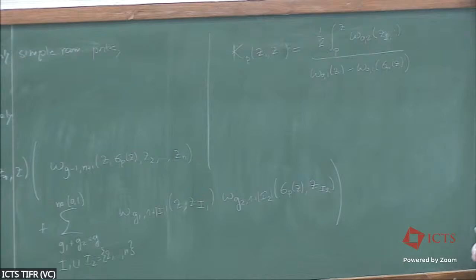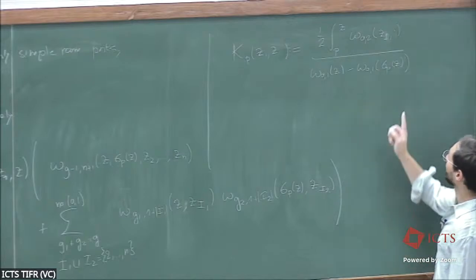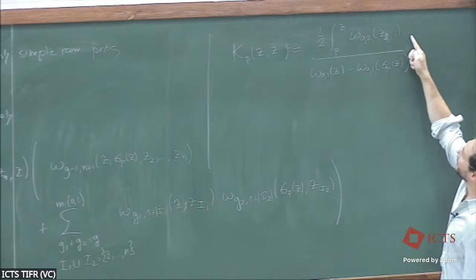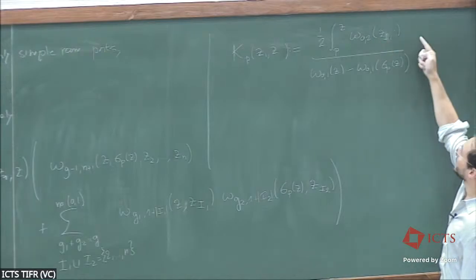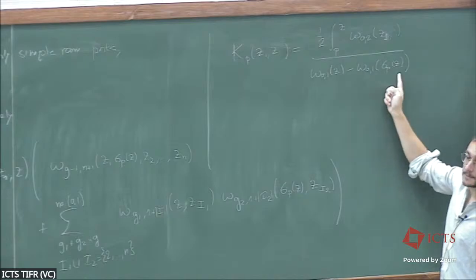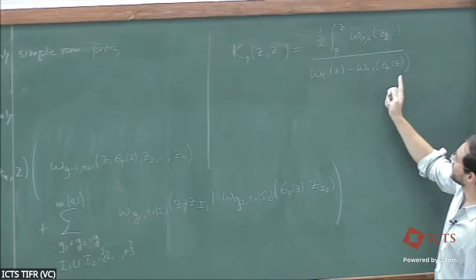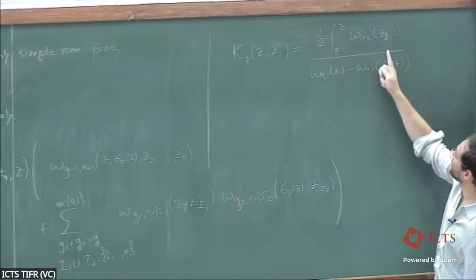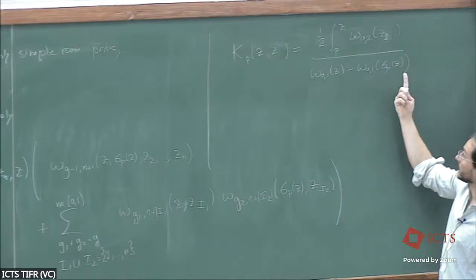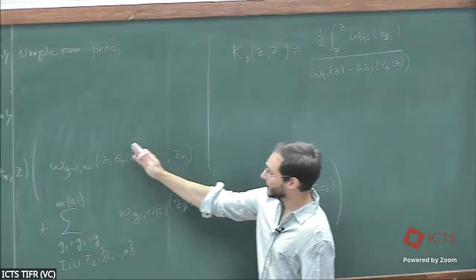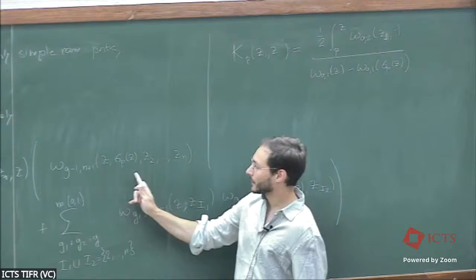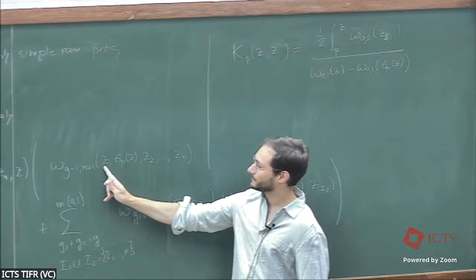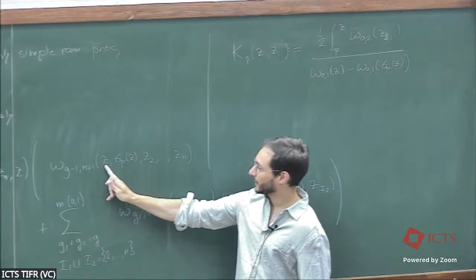Okay. So this is the first observation. The second observation is, so what is this expression? So this expression is actually a one-form in z1 and a minus one-form in z. So if you want, this is a section of the canonical in z1 and the anti-canonical in z, while the expression in the bracket as a function of z is actually a quadratic differential because z appears in these two slots.